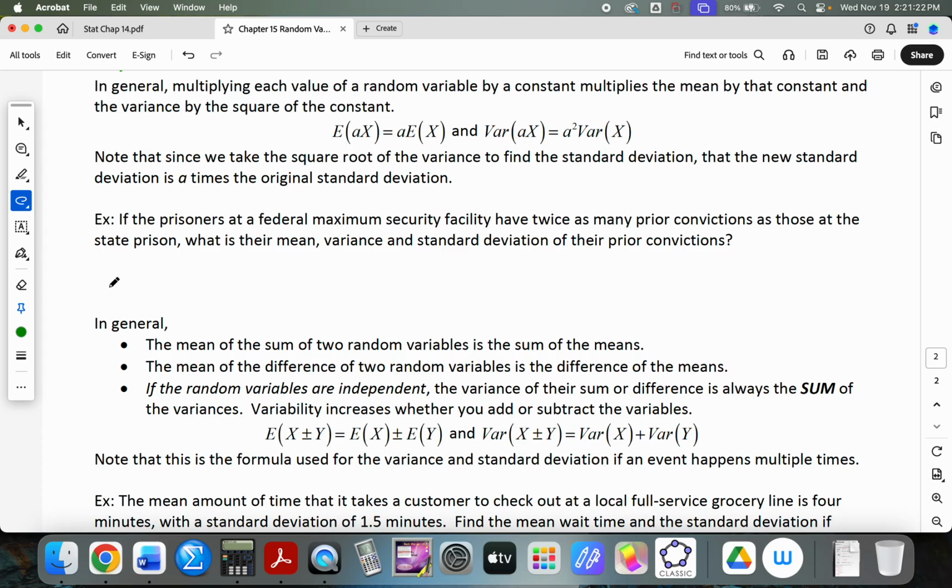All right, so the mean, or the expected value of big X, is going to be twice as much as it was, so 2 times 1.29. So that's 4.58.